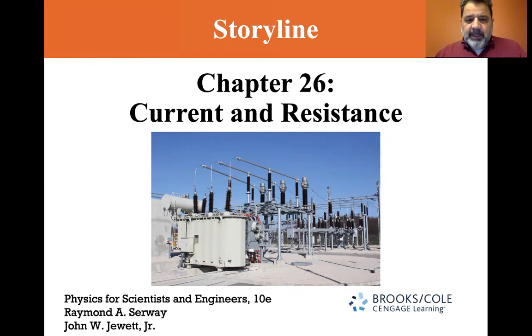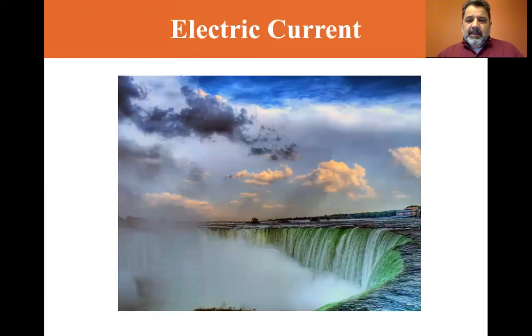So they're showing you a substation, and then they're looking at water. And why are they showing you water? Because there's a lot of analogies between water flow and electric flow. In a hose or a pipe, water flows because of pressure differences, and current flows because of voltage differences. They're showing you Niagara Falls, which flows at a rate between 1,400 cubic meters per second and 2,800 cubic meters per second.